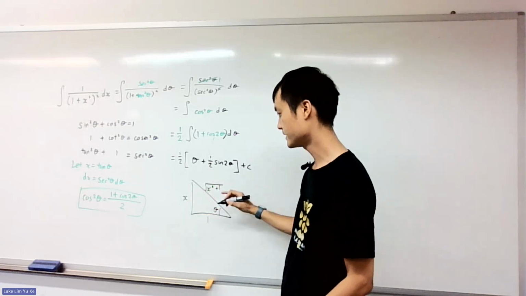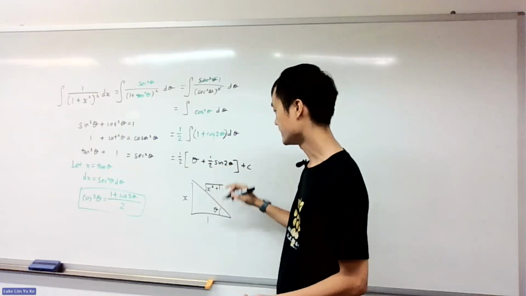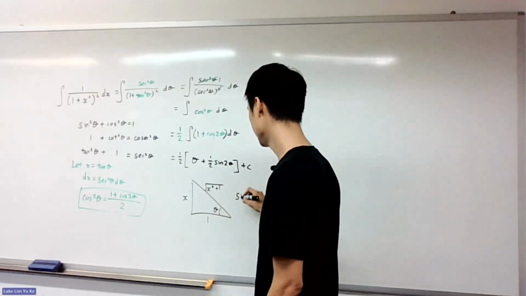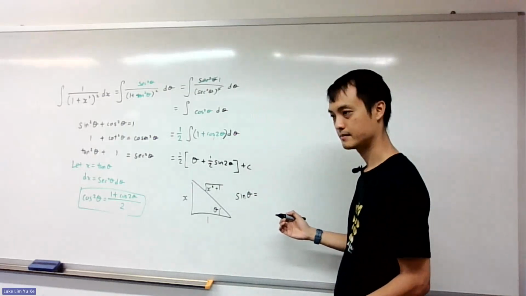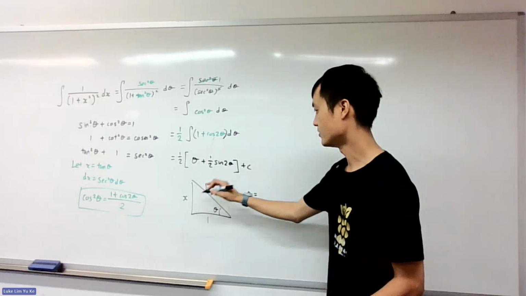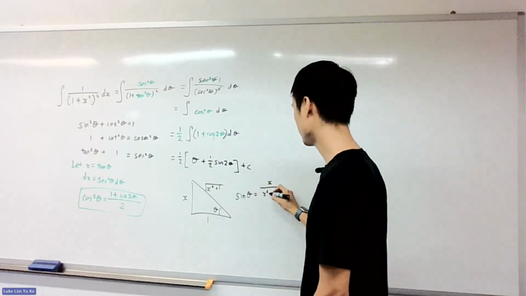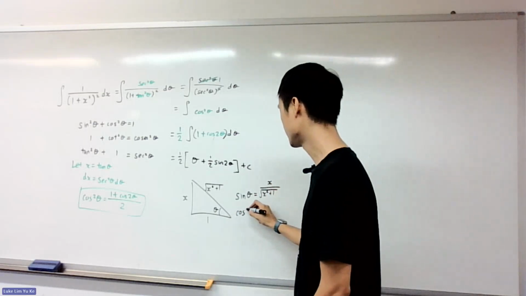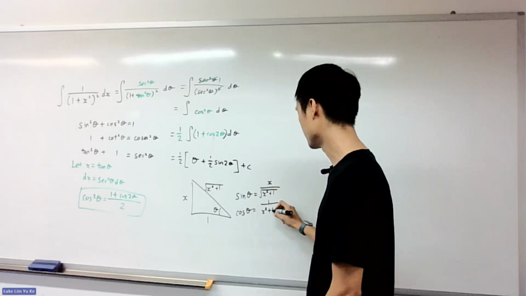Now we have these three sides, we will be able to find sine theta and cosine theta. So what is sine theta here? Sine theta is opposite over hypotenuse, x over the square root of x squared plus 1. Cosine theta will be 1 over the square root of x squared plus 1.